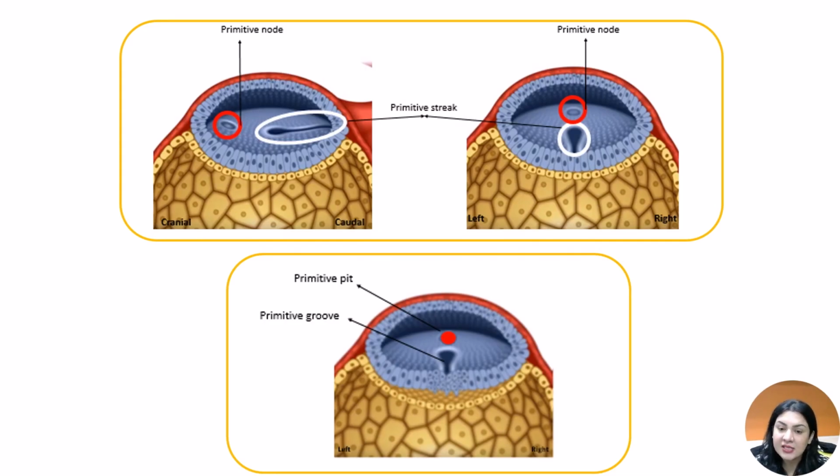Now, as a result of a whole lot of very detailed, intricate cell signaling events, a thickening starts to appear on the epiblast layer of cells, and eventually it's this thickening that allows the migration of the epiblast layer of cells towards the hypoblast layer of cells.